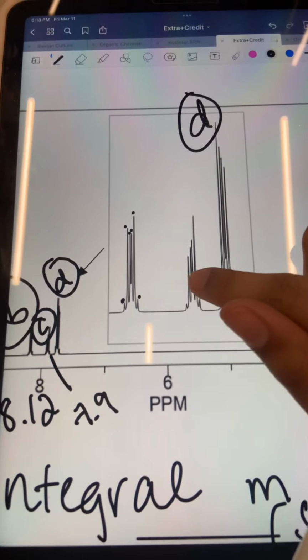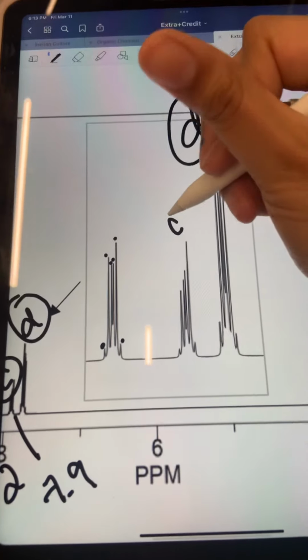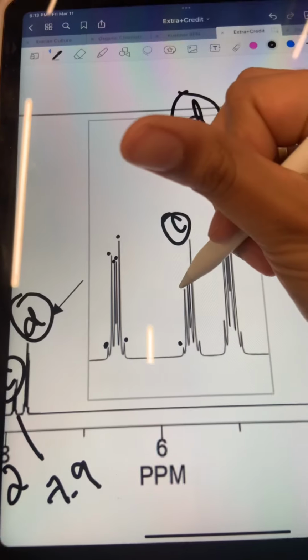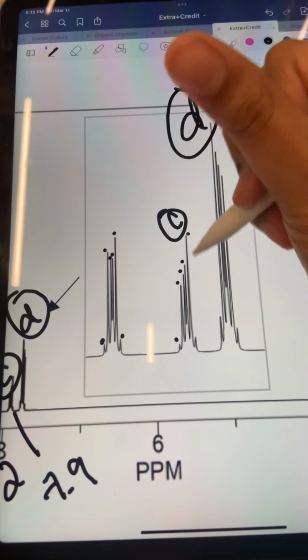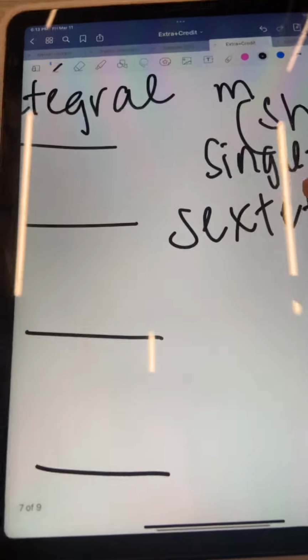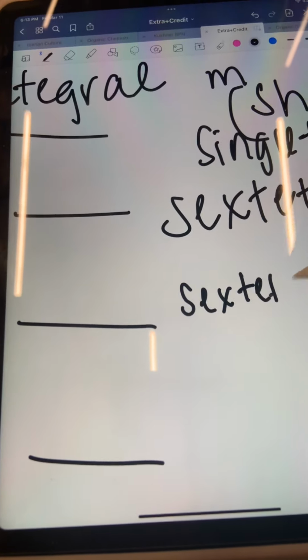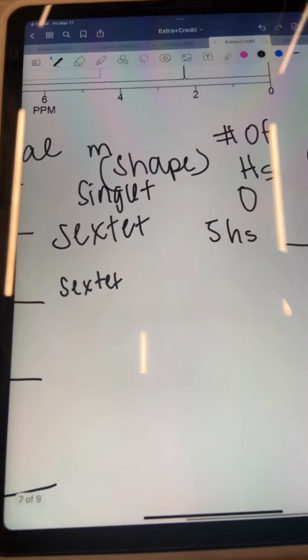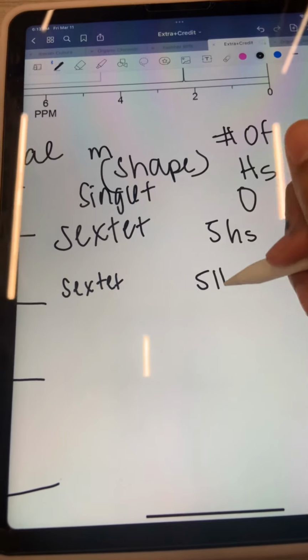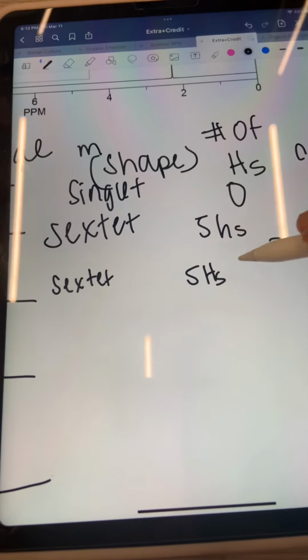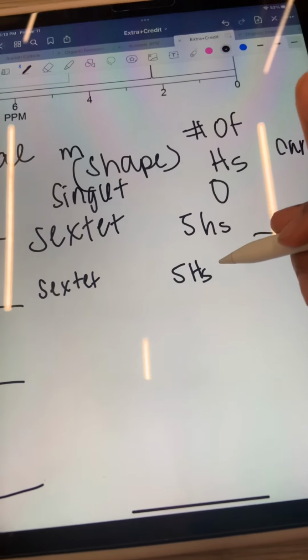Remember that this is going to be C. So it's going to be 1, 2, 3, 4, 5, and 6. So we're going to have another sextet, and another 5 hydrogen atoms next to it.